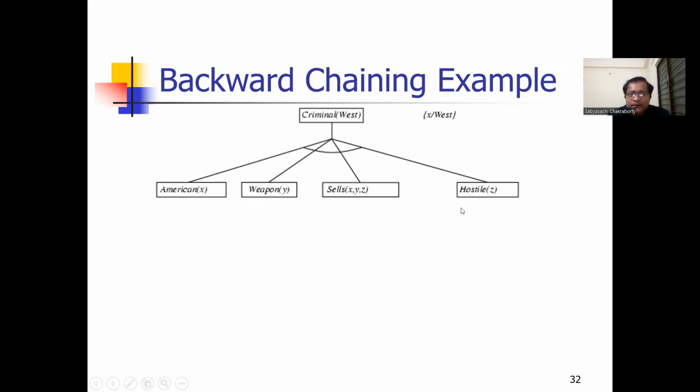These four assumptions always follow from West is a criminal. And we have this weapon Y, which is implied by missile Y. Just the reverse process.